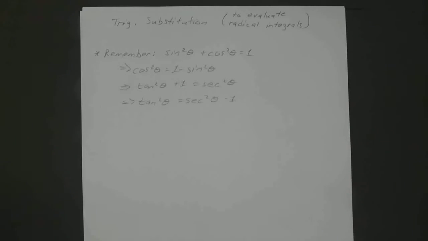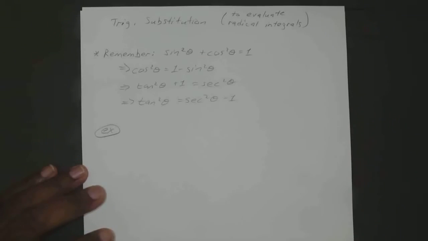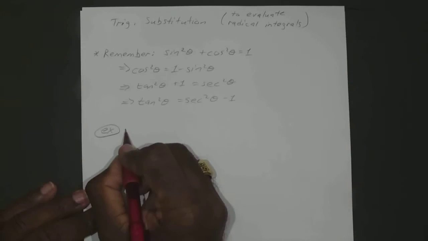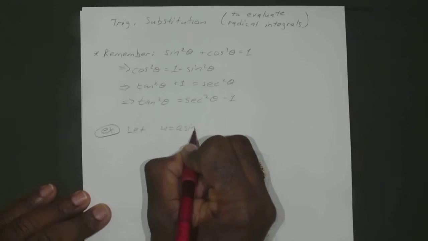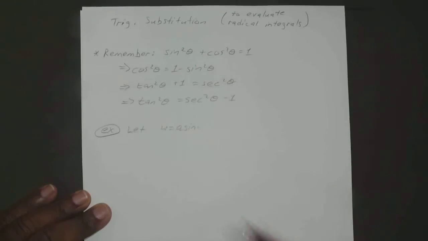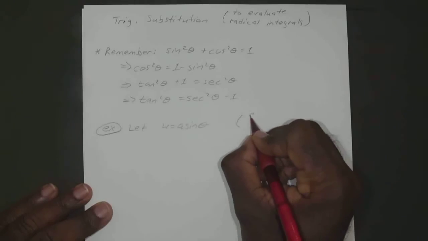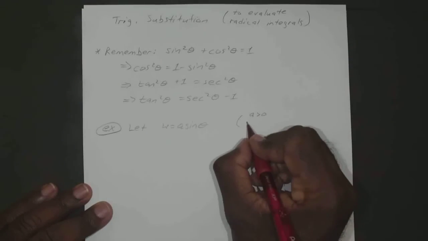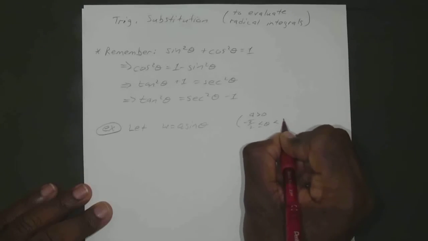Okay, so let's say, for example, just to give a quick insight to where it's headed, if we let u equal a sine of theta, and we're assuming that a is positive, and theta is between negative pi over 2 and pi over 2.